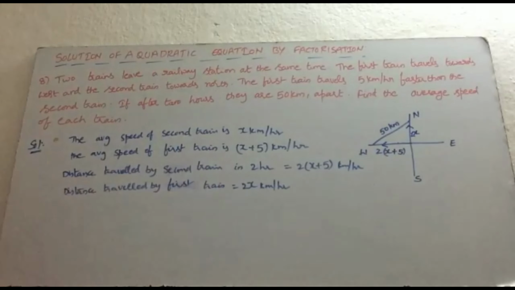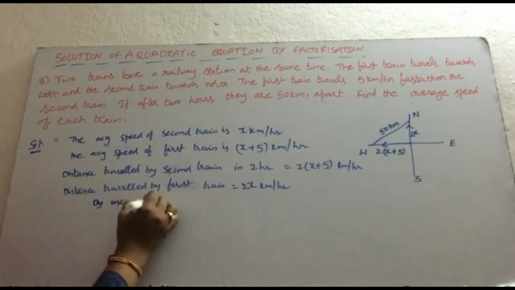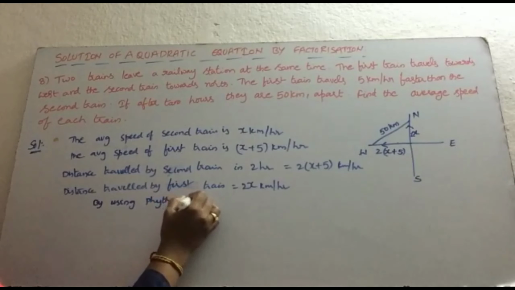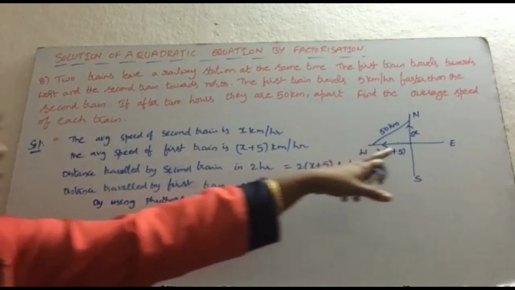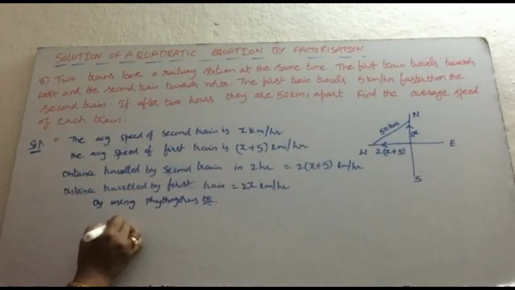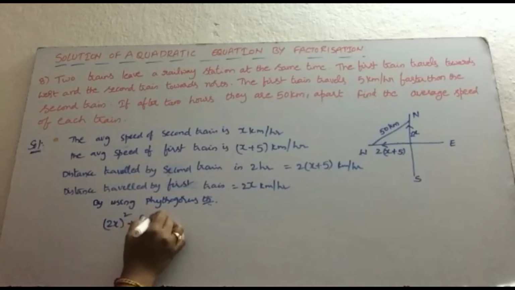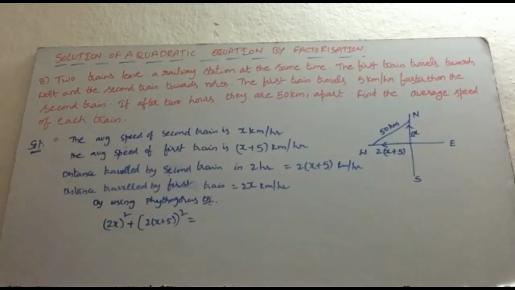Now by using Pythagoras theorem, 2x whole square plus 2 into x plus 5 whole square equal to 50 square.